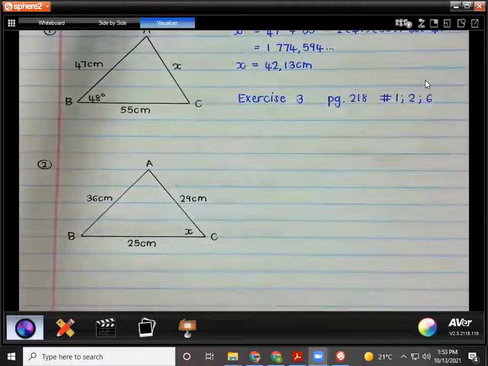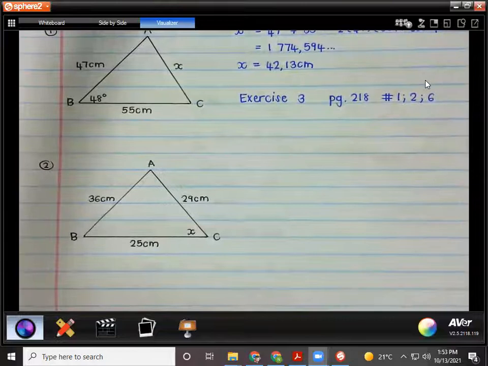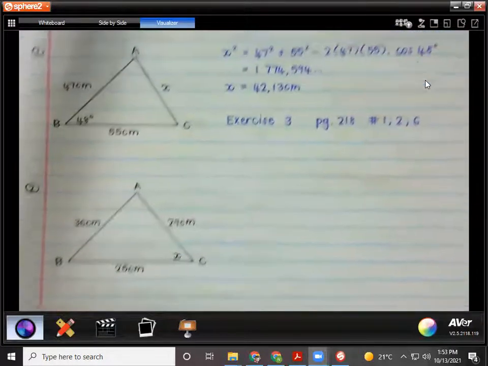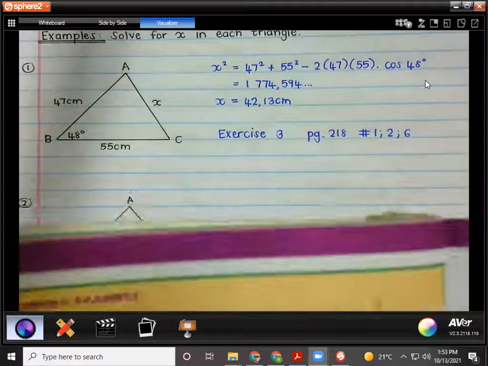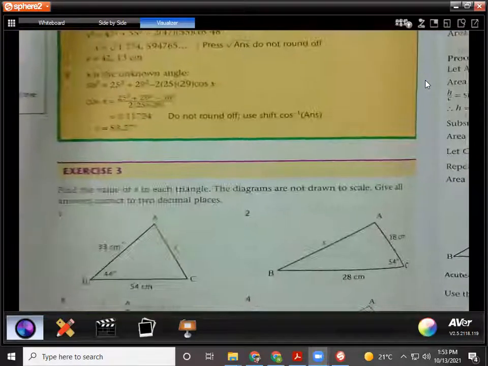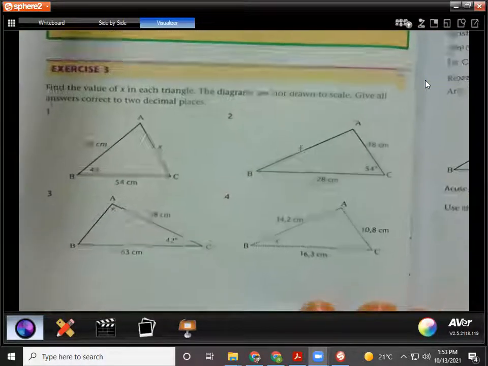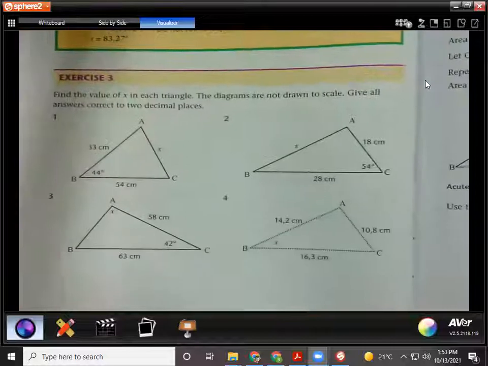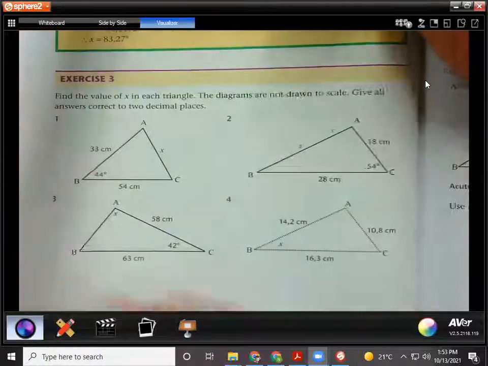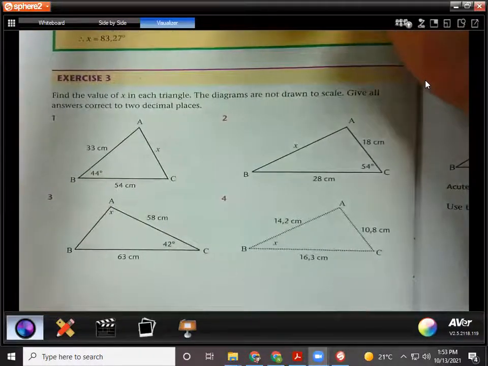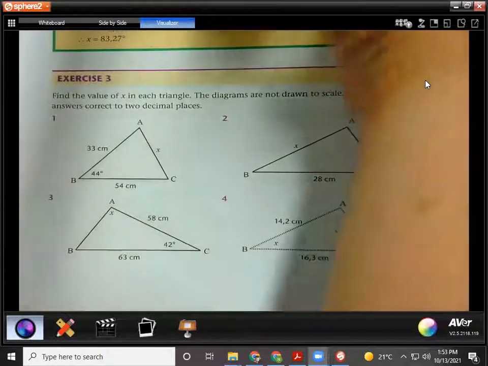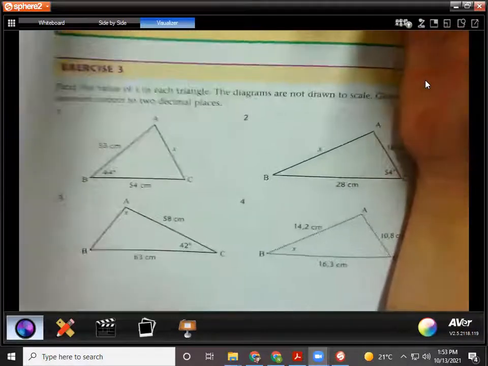Lots of people need it. Okay, well, 6 is on a different page, so I can only put 1 and 2 up. Sorry. Just kidding.